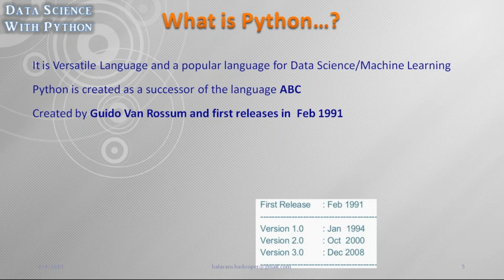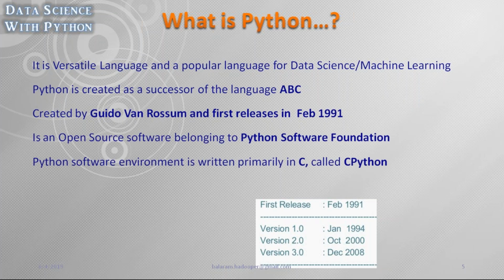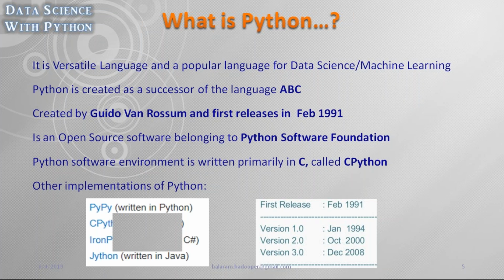So you can observe how much time it has taken, so that slowly it has developed, and it is very powerful also. It was developed by the Python Software Foundation, and initially it was developed in C. That is called CPython, and then other implementations were developed. So PyPy, CPython, IronPython, Jython, like this a number of versions are there, but initially we are taking the basic version of Python only, that is 3.0. I think you understand.